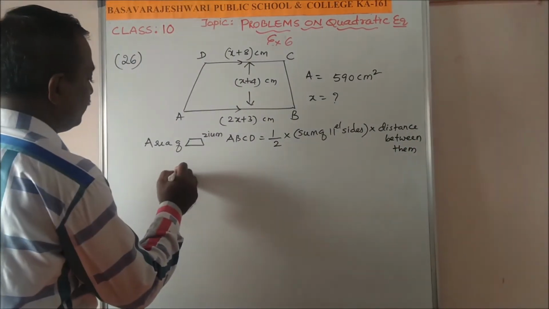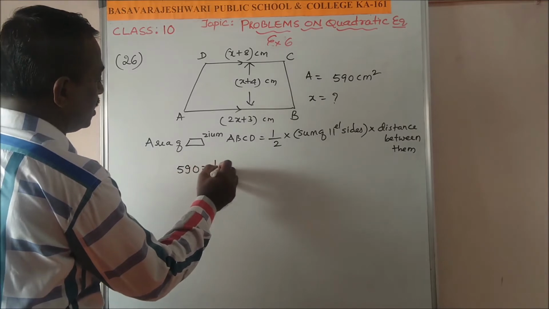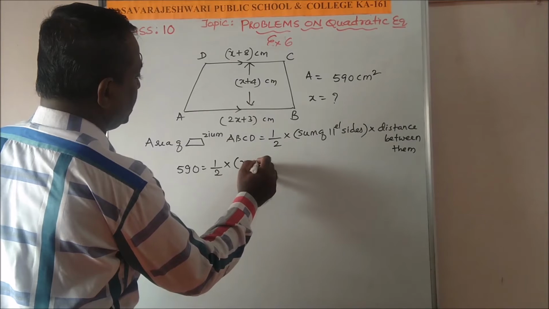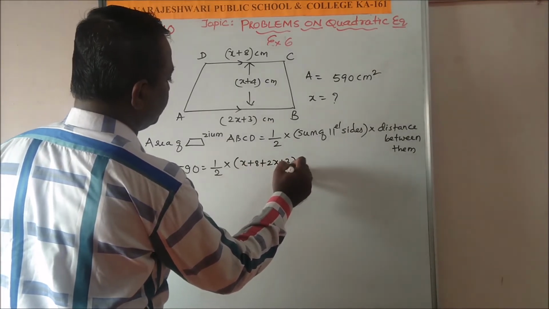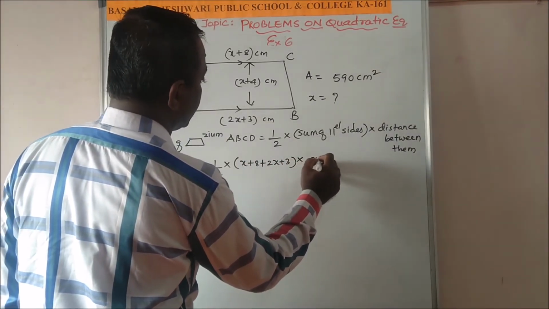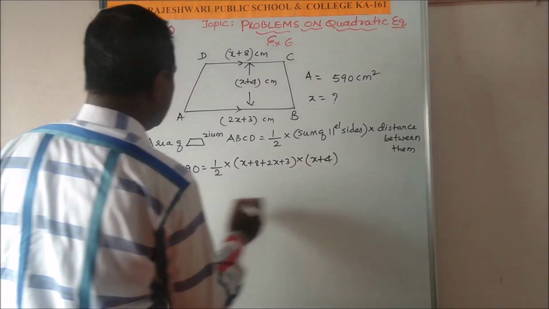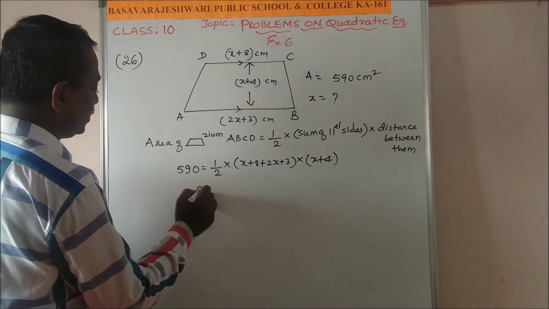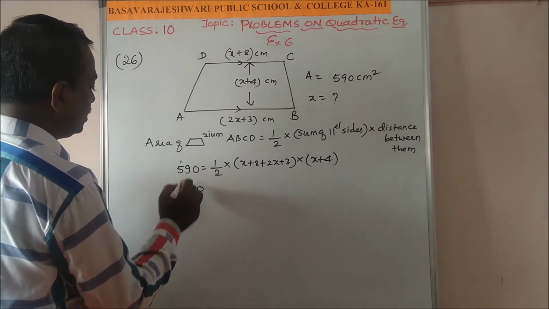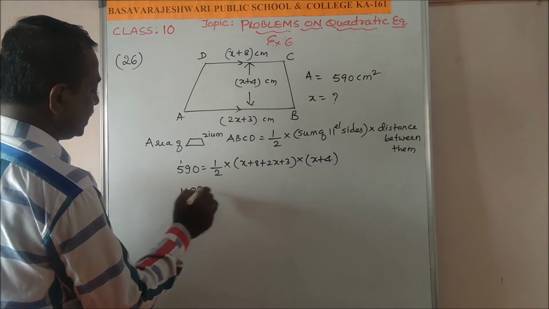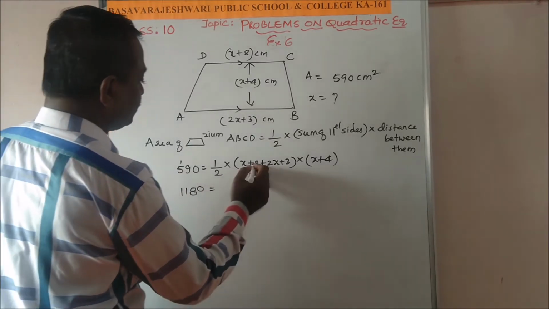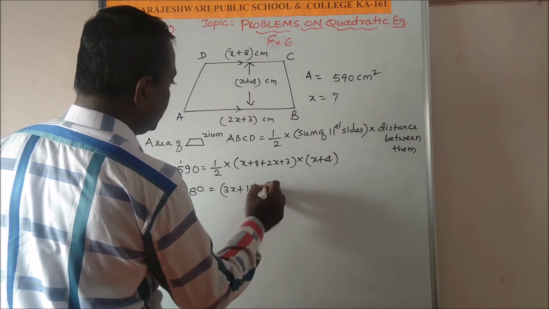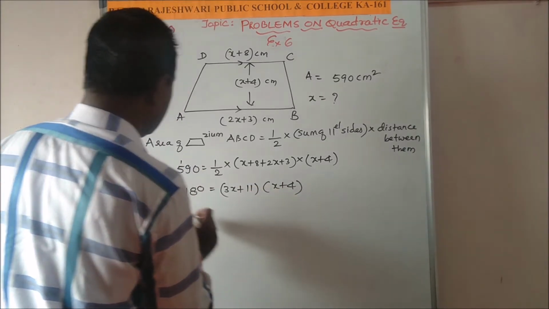Substitute the values. 590 is equal to half into sum of the parallel sides, x plus 8 plus 2x plus 3, into distance between them, x plus 4. 590, so we can cross multiply. 2 9s are 18, 2 5s are 10, plus 1 is 11, is equal to 2x plus x, 3x, 8 plus 3, 11, into x plus 4.